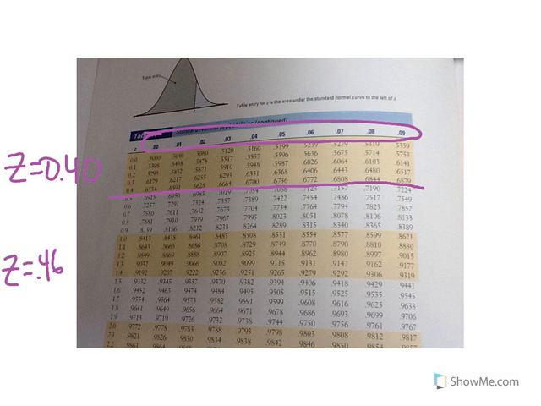In that case, I'd be on the same row, but I'd be looking at the element here underneath 0.06. So these two parts together make the value for z equals 0.46. That's not the one that we're after, however. What we're looking for is 0.4, which is right here. It's the very first number in that table, 0.6654.